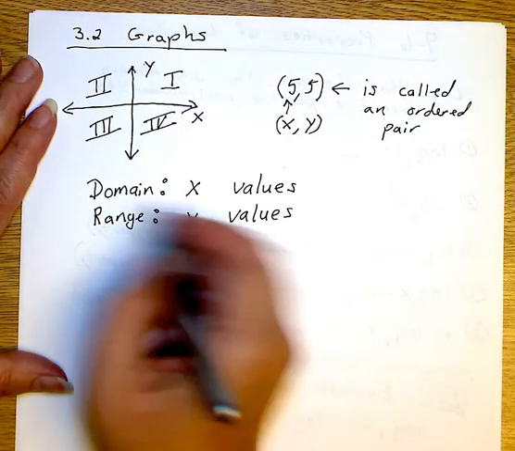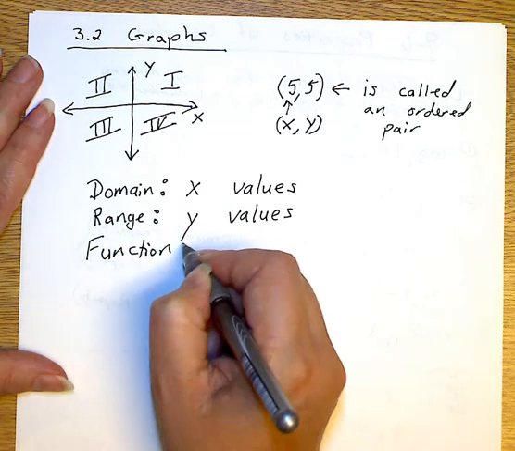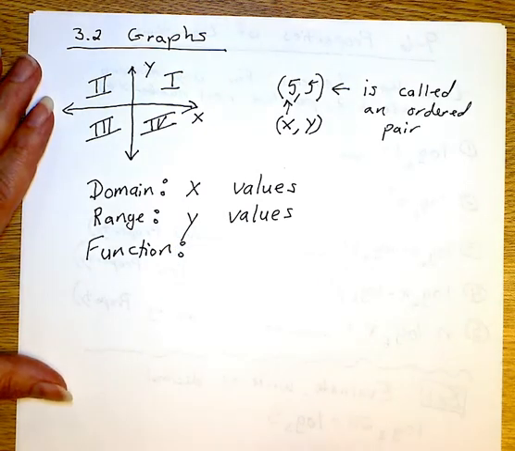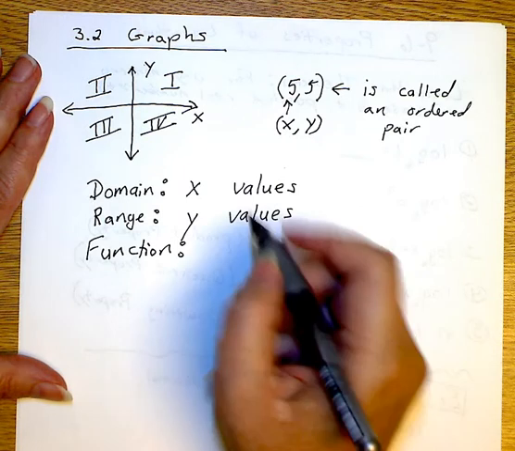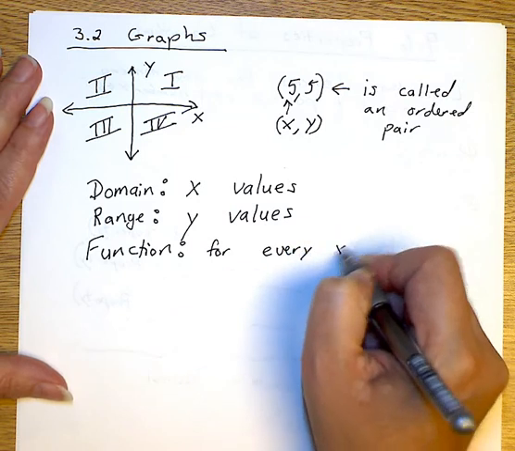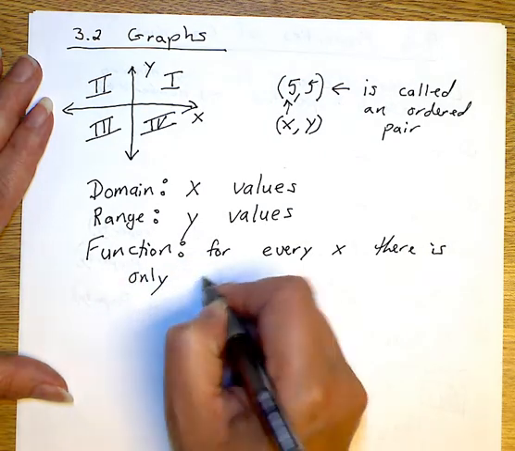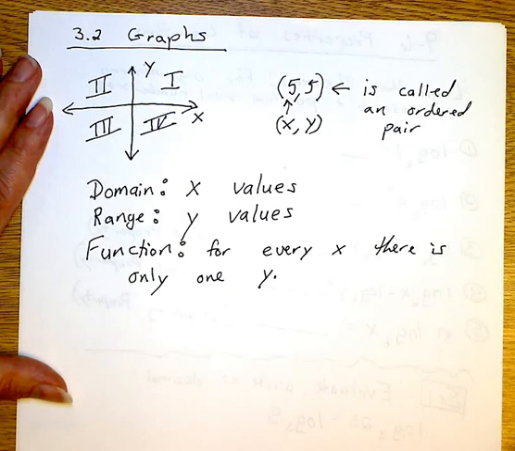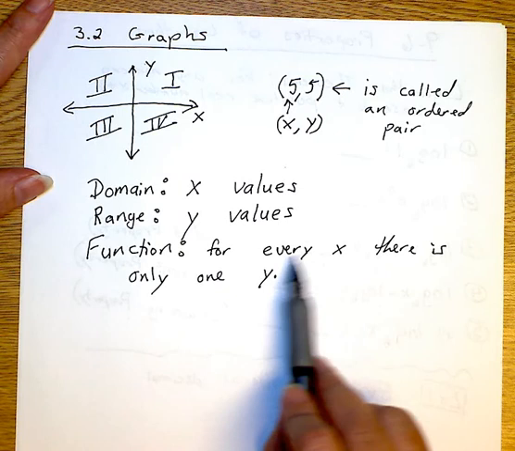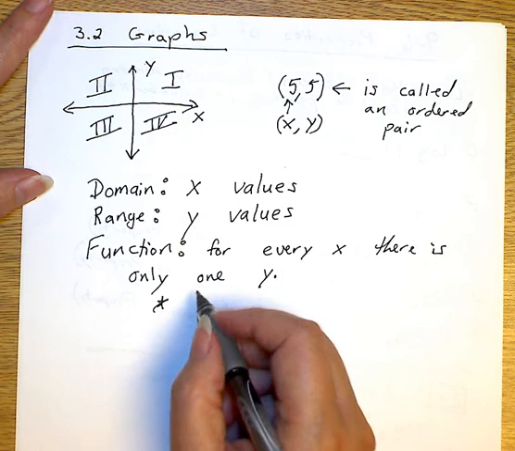The last thing you have to learn today is function. And it says for every X there is only one Y. Some of you might have heard this before, but it passes the vertical line test.